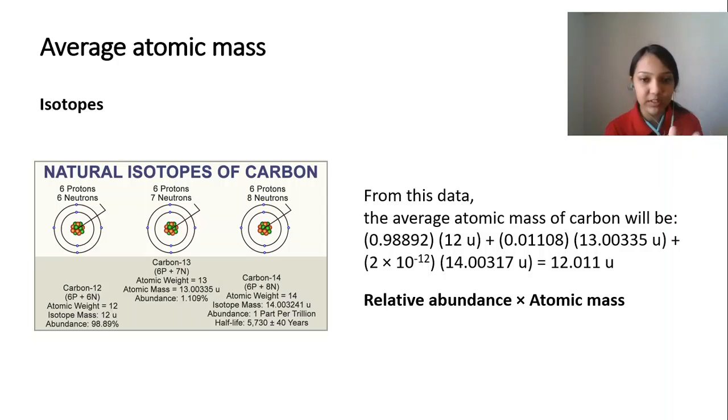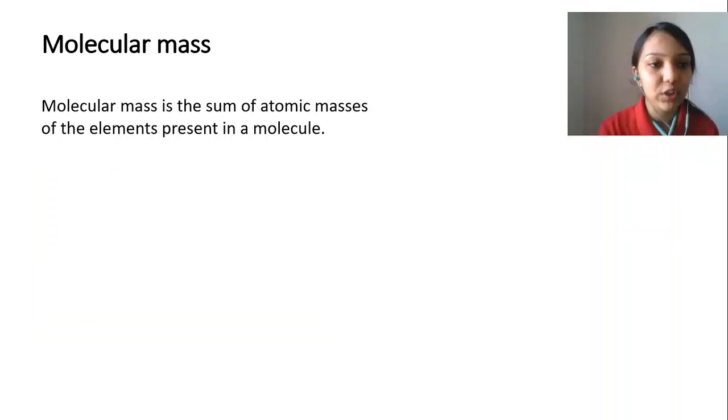So for carbon-12, that is 0.988, the relative abundance being 98.8%, multiplied by 12 u, and the next one is the carbon-13 isotope, and the next one is the carbon-14 isotope, and they added up all three to get the average atomic mass.